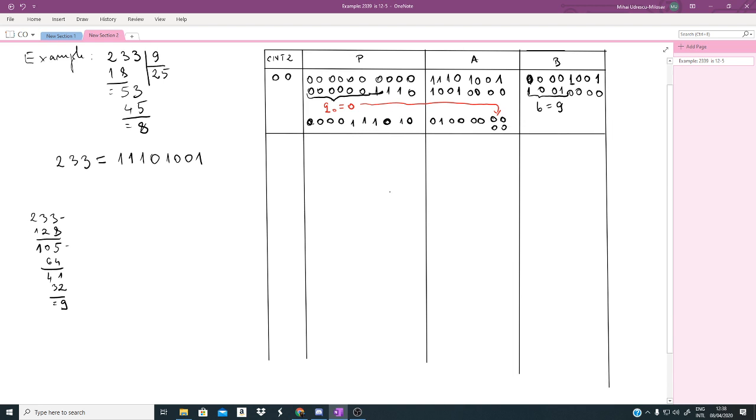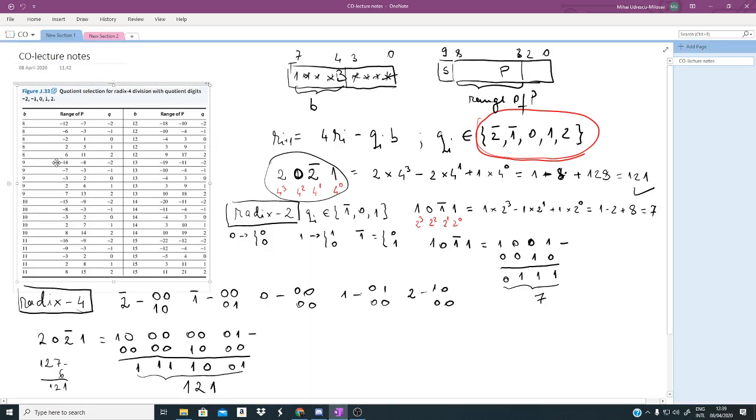Okay. Now I'm moving to the next step. I'm looking at these 7 bits, and what value do I have here? It's 7, right? It's 0, 0, and 1, 1, 1. 1, 1, 1, that's 7. So I'm going here. Where is 7?